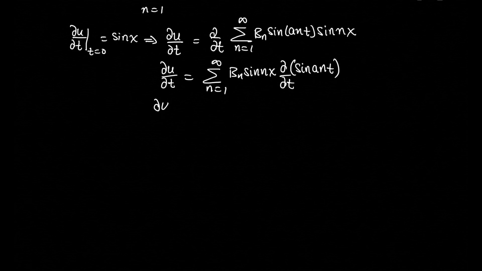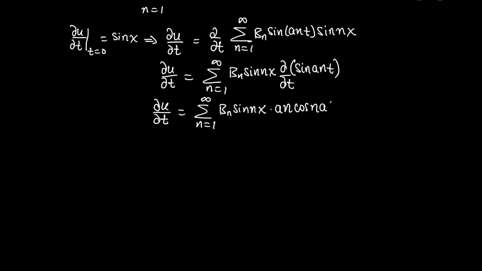So du/dt is going to be the summation from n equals 1 to infinity of bn sine nx times a n cos a n t.